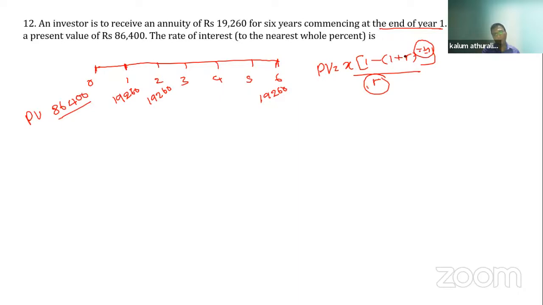Then to find the R value in an annuity, you can use this one: PV equals X times CDF.